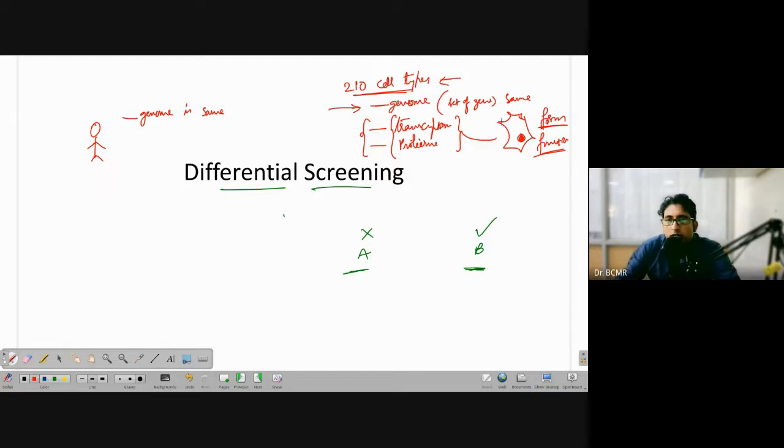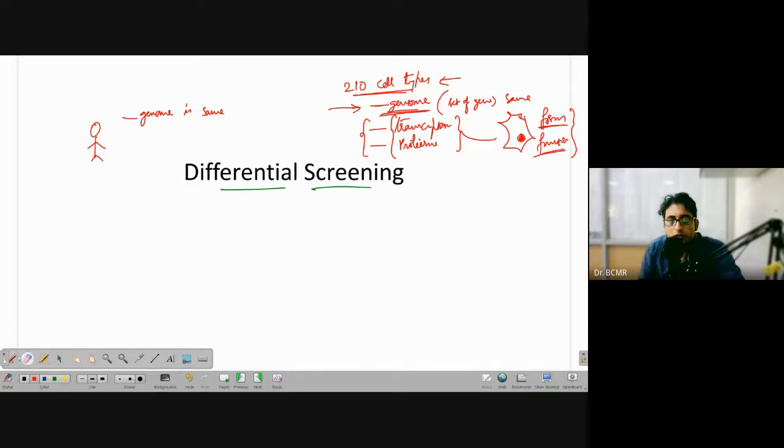Form and function are determined by these. So in the protocol that we are going to see, let's discuss the objective based on the slide that we are going to see.